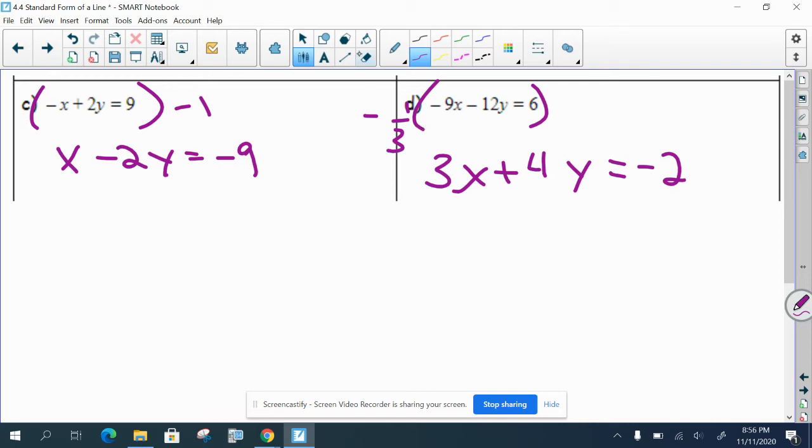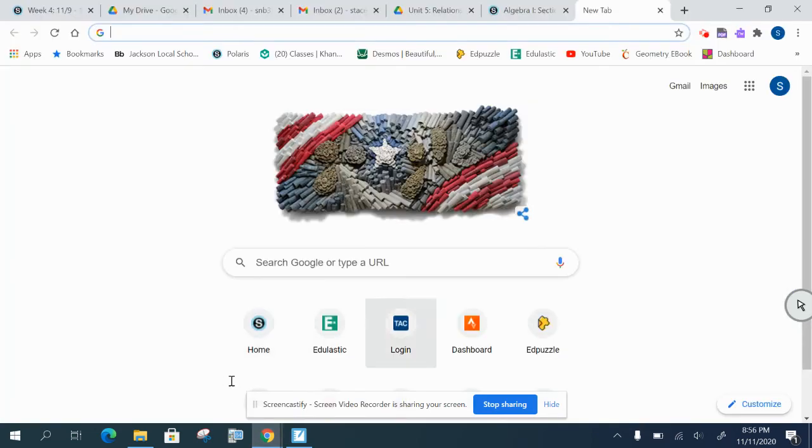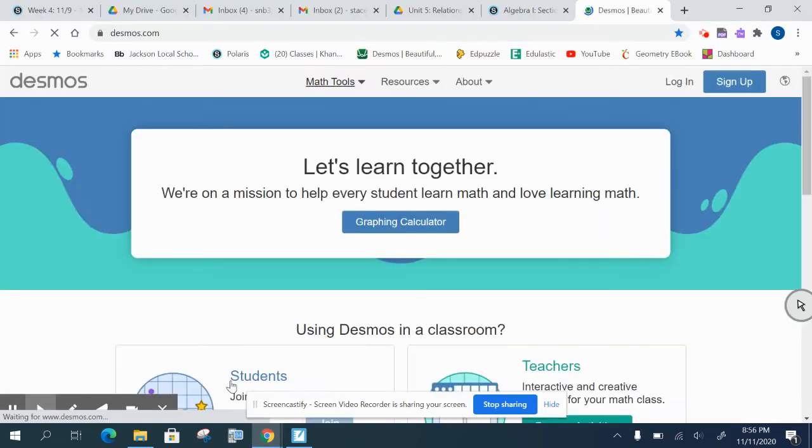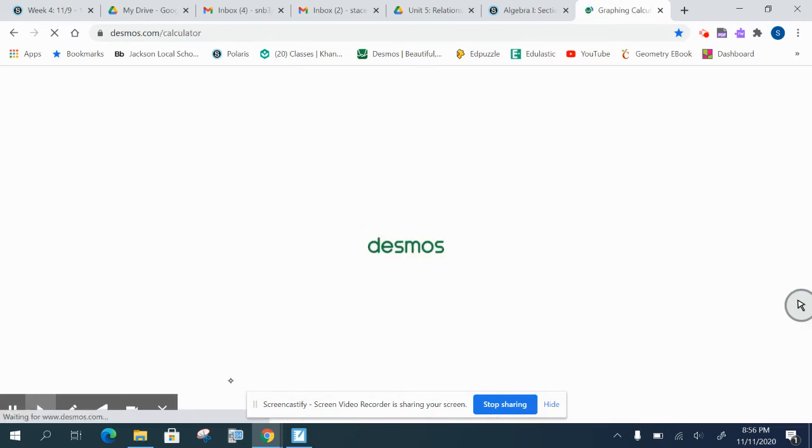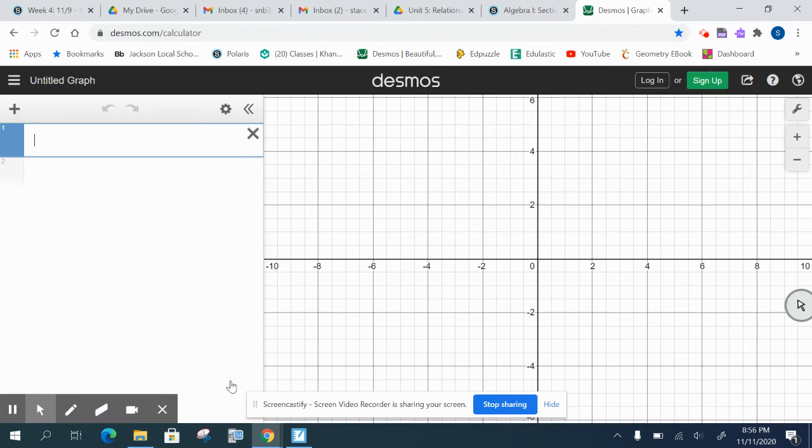All right, and then I want to show you a trick, actually. We're going to take these two equations. Here's another little cheat method that you can use. And I know I said cheating, but it's not cheating if you are using a resource that you're allowed to use, which is Desmos. So open up desmos.com and click on the graphing calculator.